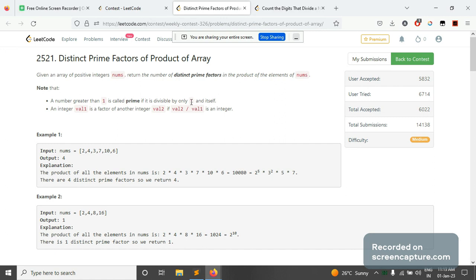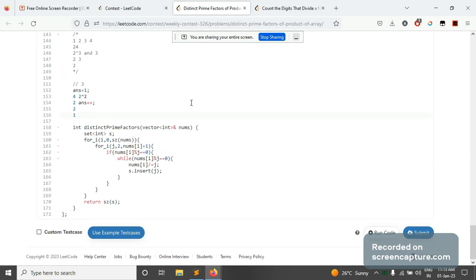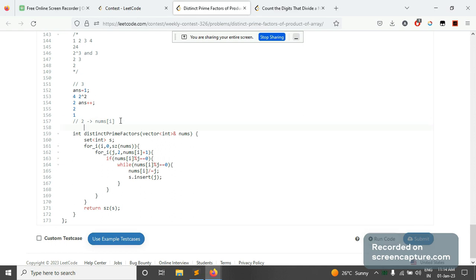So what I did in the question is I am iterating through the numbers, and after that I'm making the loop from 2. I'm ignoring the prime factor 1 to that number. Suppose I am at the number nums of I, and I'm checking if nums of I is divisible by that second number.